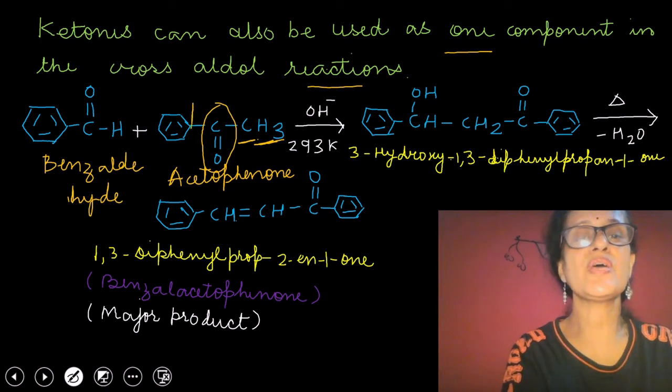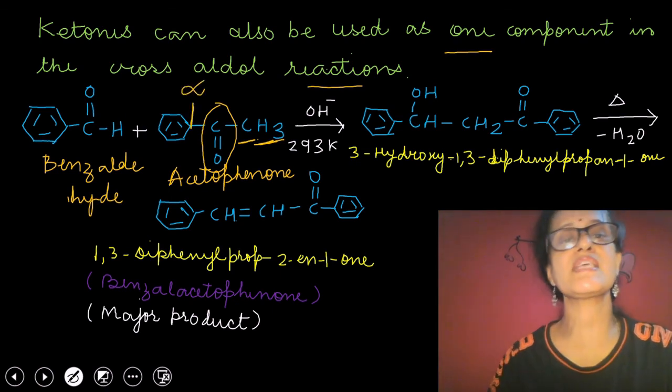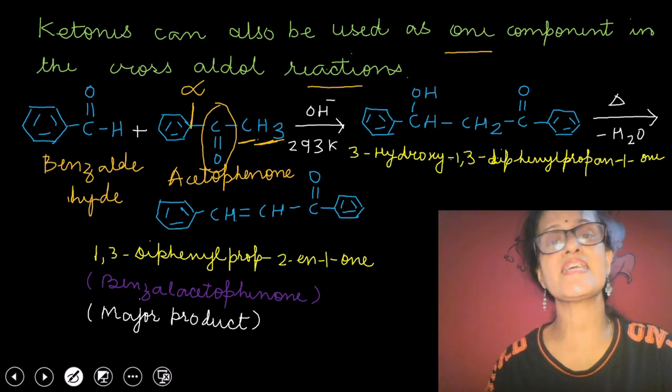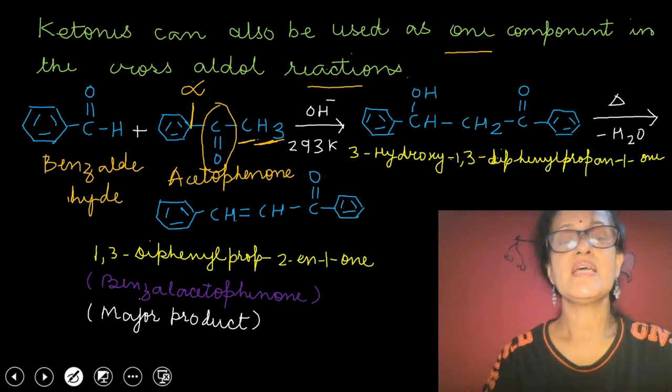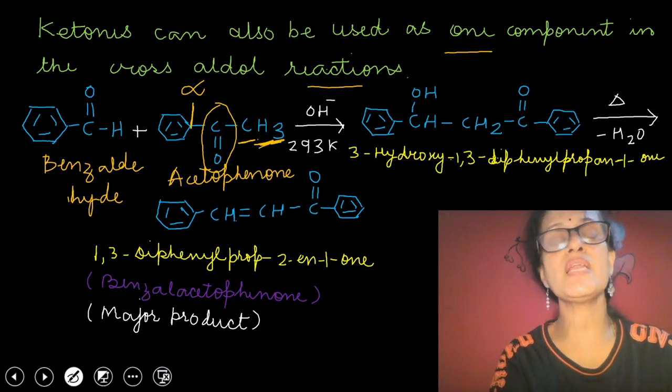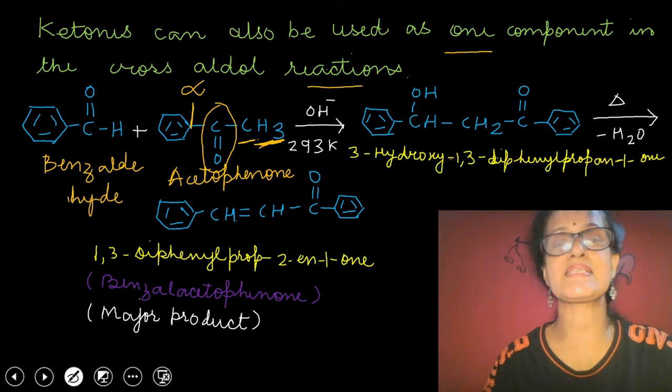On the next side you also have one alpha carbon atom, but this alpha carbon atom doesn't contain any alpha hydrogen atom. So you have to write the reaction in such a way that one of these 3 alpha hydrogen atoms will attach itself to the carbonyl oxygen of the first molecule, which will be benzaldehyde. So we have written the product here.